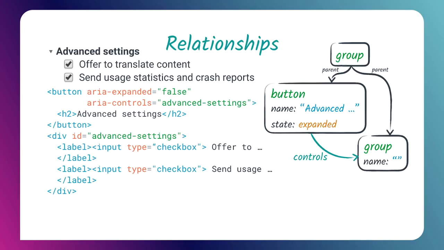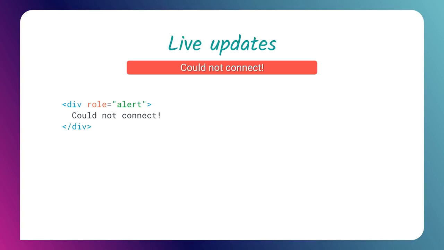You can see here where it says advanced settings. We've specified using aria-controls that it's controlling this group of elements down here for the advanced settings checkboxes. So even though they're not parent and child, we can create this new relationship indicating this element over here controls that element over there, which is really cool.